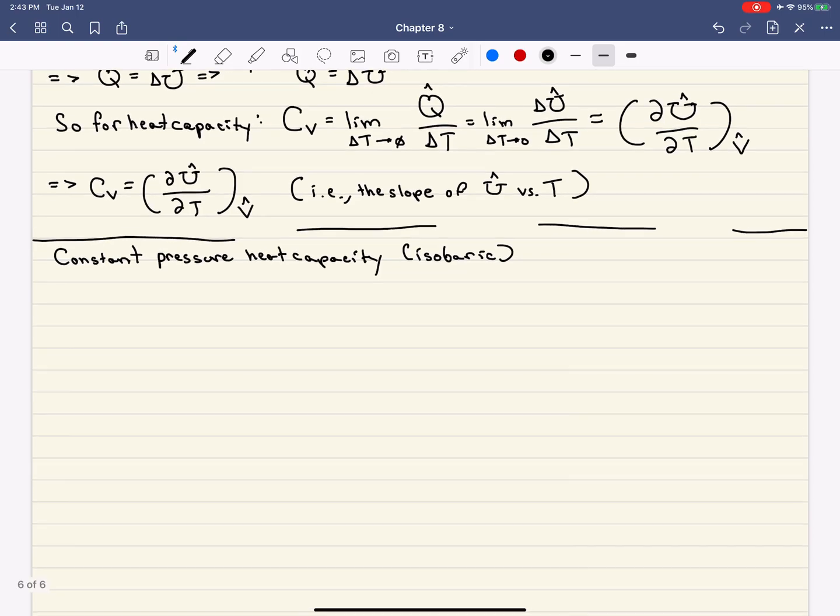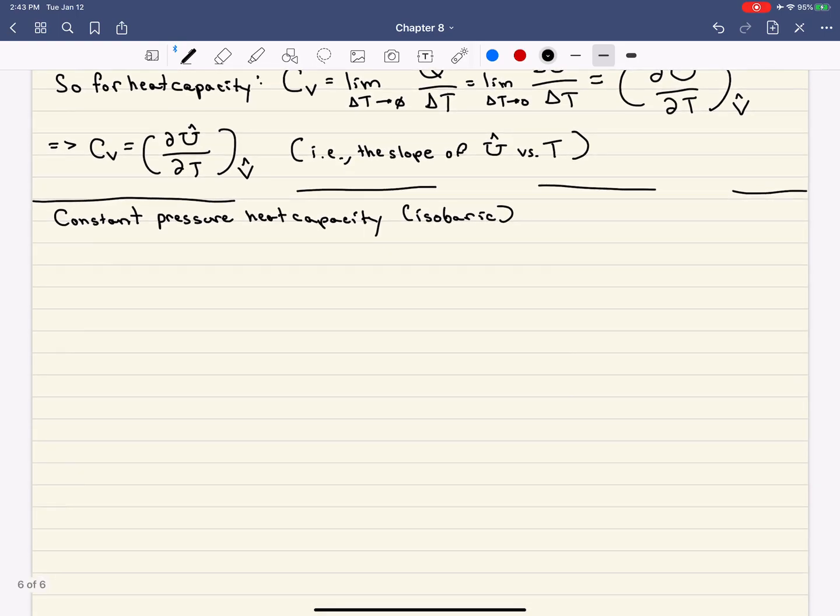In this case, we're going to once again consider a piston cylinder system. But now, rather than our piston being locked into place so that it doesn't move, we're now going to allow the piston to move, but on top of the piston, we're going to put some sort of weight.